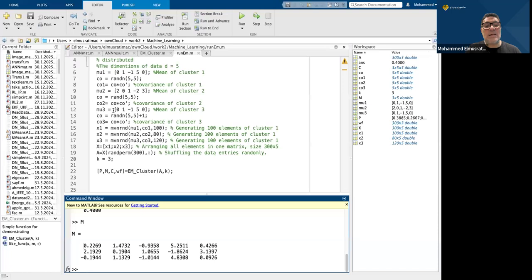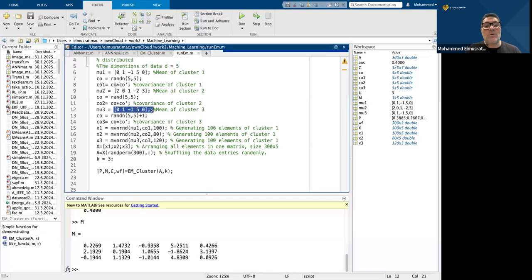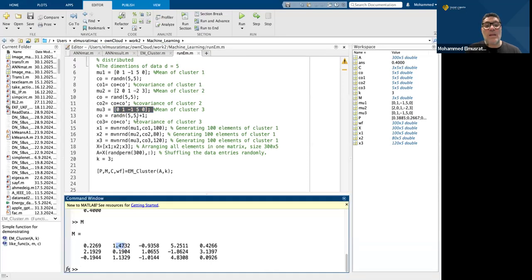So you can see this is the mean of the first cluster. For the third cluster, the original data is 0, now it is 0.2. This one is 1, here is 1.4. This one is minus 1, it gives us minus 0.9, quite very close. Here is 5, here is 5.2. Here is 0, here it gives 0.42.